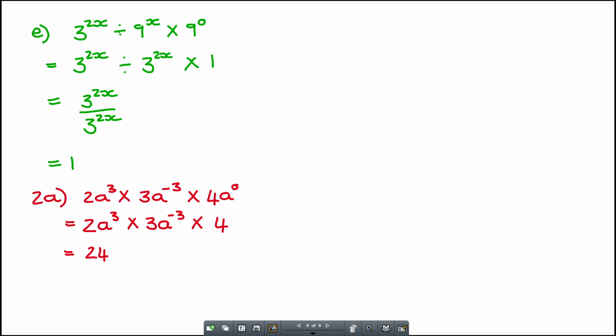And then a to the power 3 times a to the power minus 3. When base is the same and we multiply, what do we do with exponents? Add. So 3 plus minus 3 will give me 0. So it's actually a to the power of 0. No. And a to the power of 0 is 1.